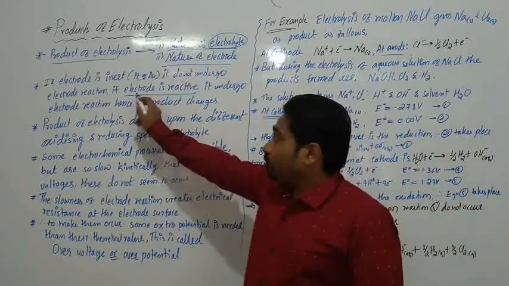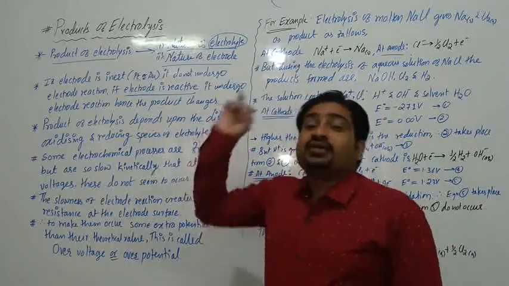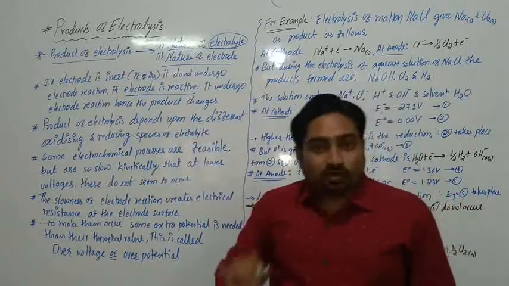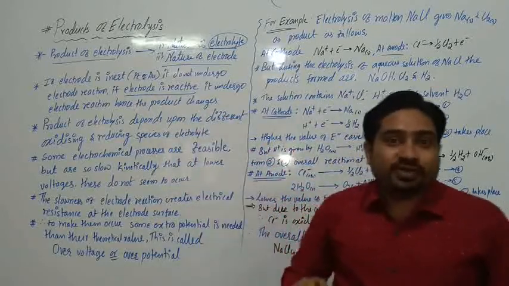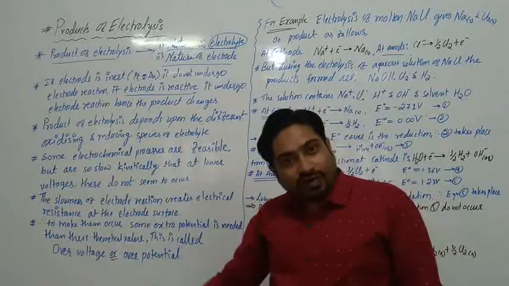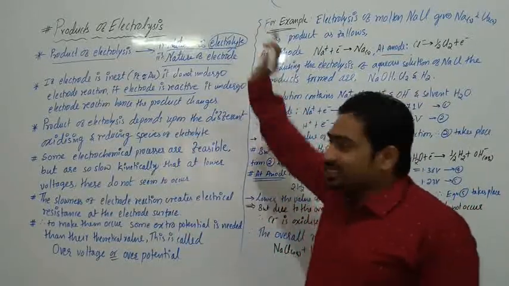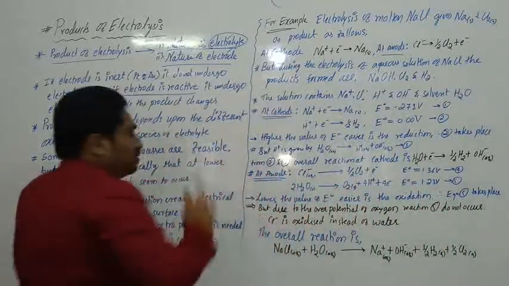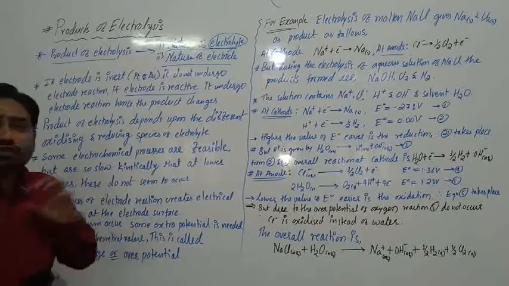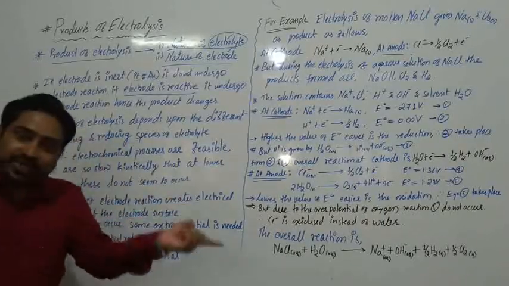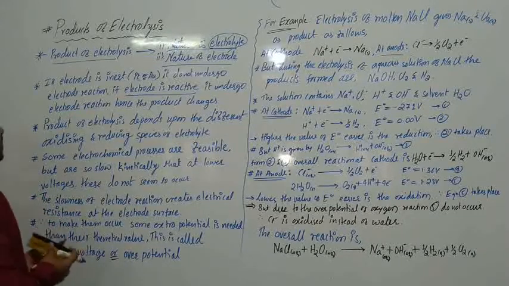So if an electrode is reactive, it undergoes the chemical reaction, and in that case the formation of product changes. In such cases, the formation of product depends upon the nature of the electrode as well as the nature of the electrolyte. So simply we can say that the formation of product is different for a reactive electrode and different for an inert electrode.